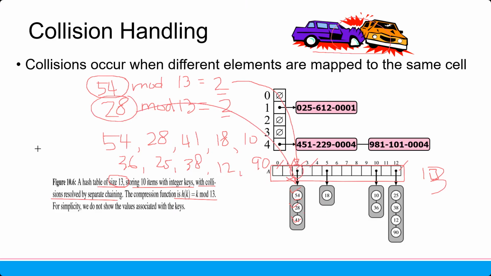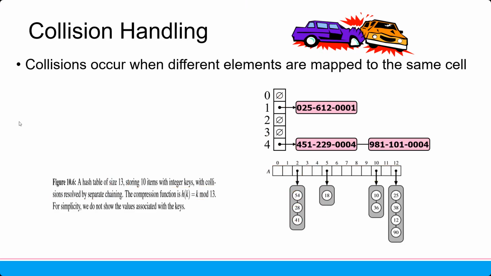Because of the collision, we want to do something that we call separate chaining. Separate means to put apart. Then we make another chain.